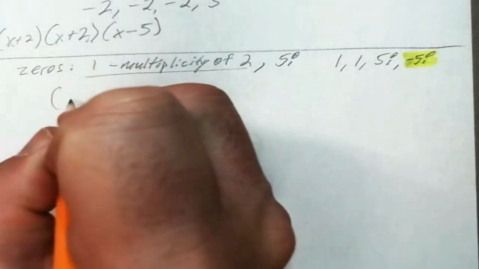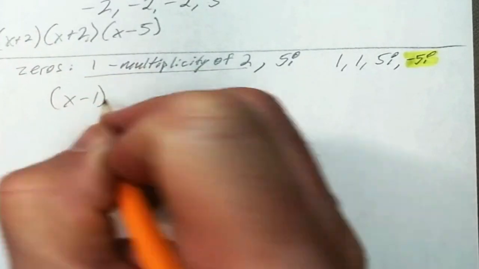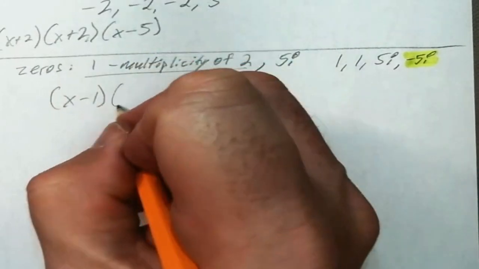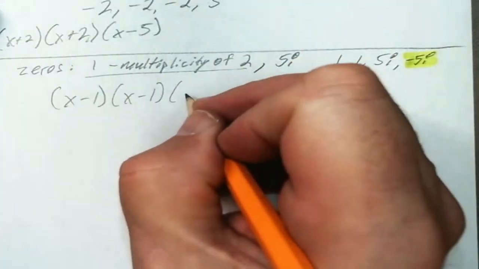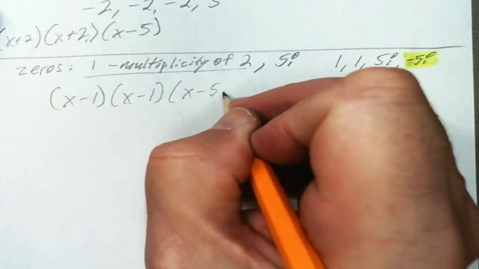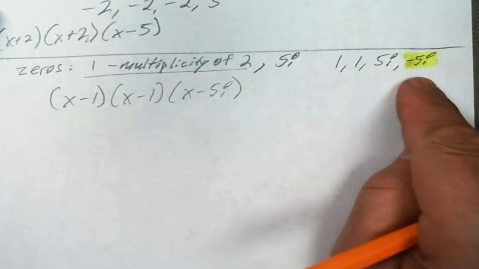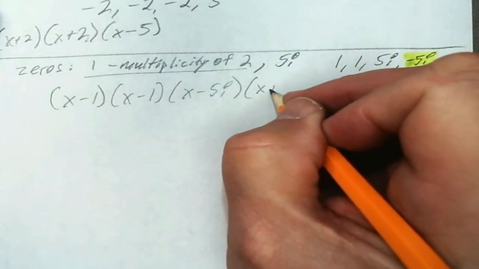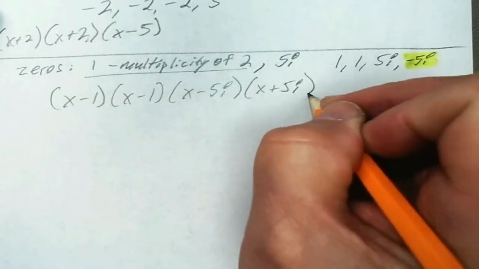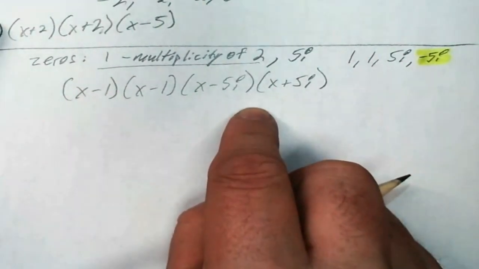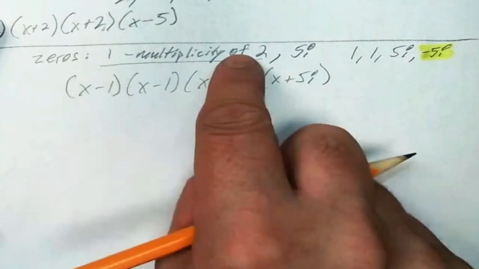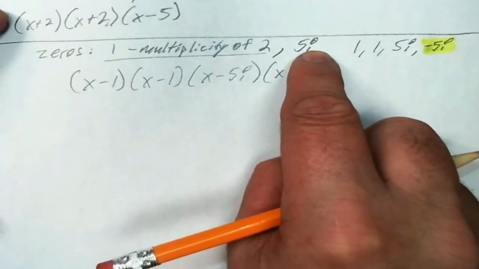So these factors are x minus 1, because 1 is a solution, x minus 1 again because we have a second one, x minus 5i, and then x plus 5i. Those are the 4 factors we have to multiply together to find the polynomial that has zeros of 1 with multiplicity of 2 and 5i.